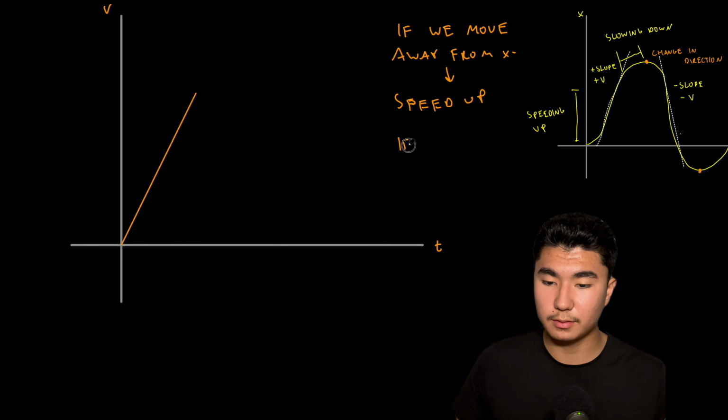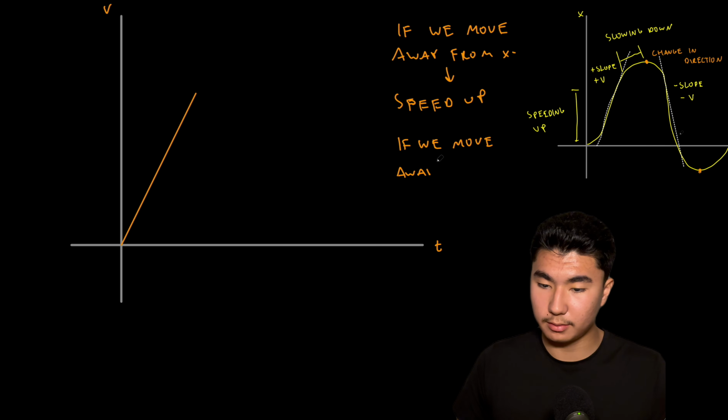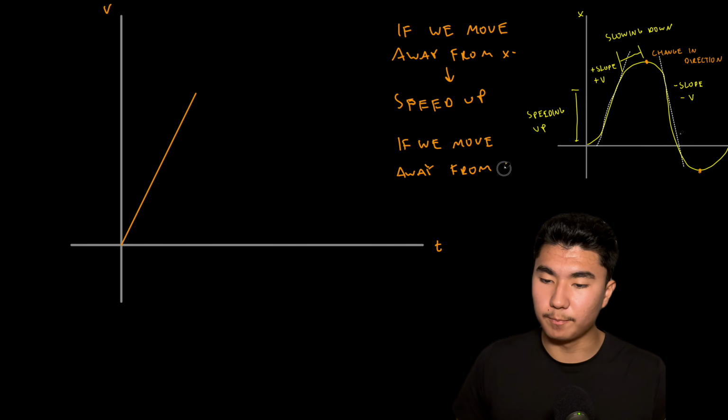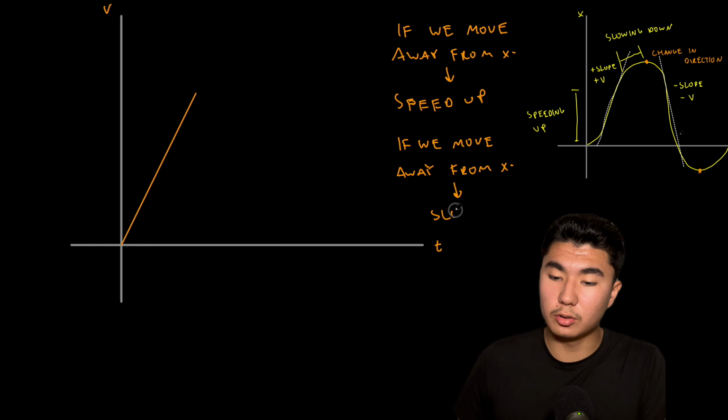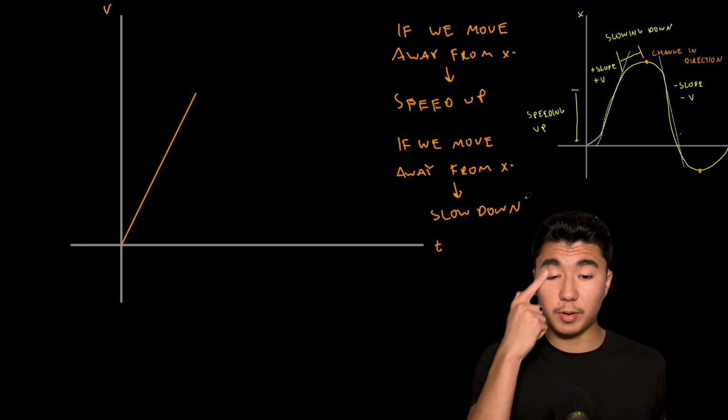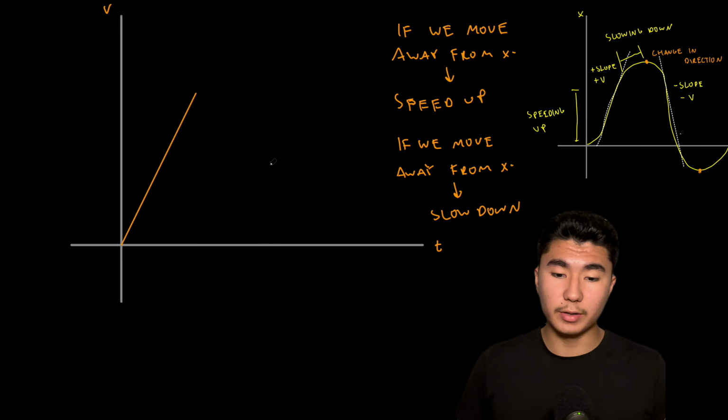So I'll put: if we move away from our x-axis, we speed up, and if we move closer to the x-axis, we slow down. So we have a positive acceleration, we have a positive velocity.